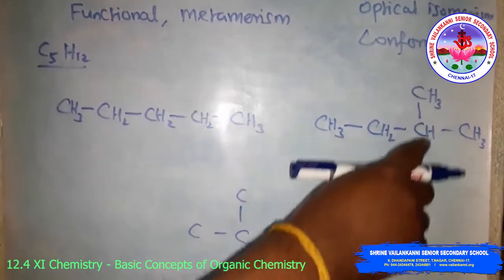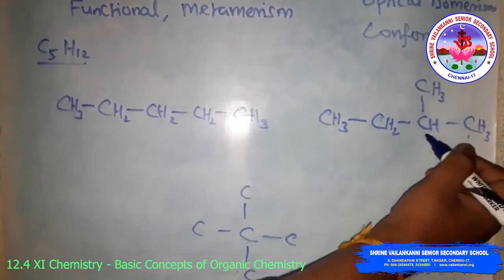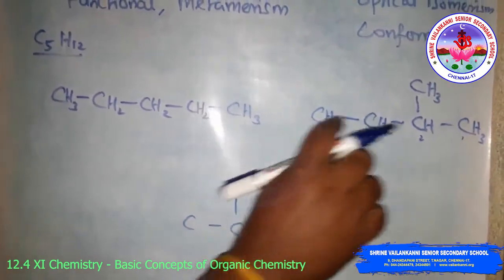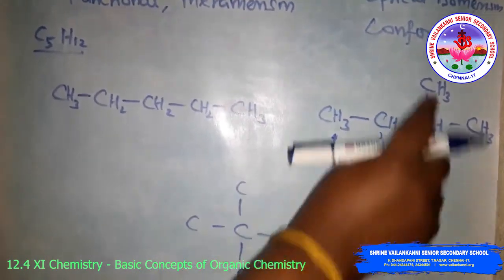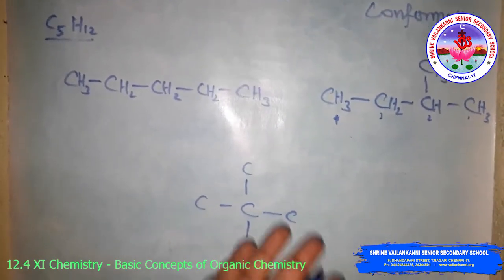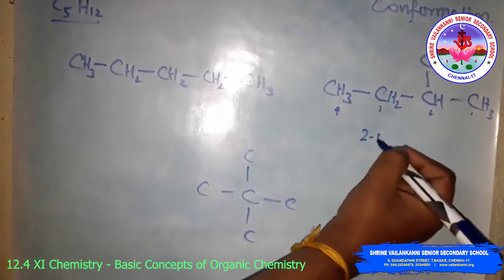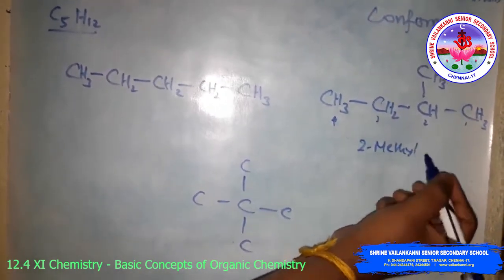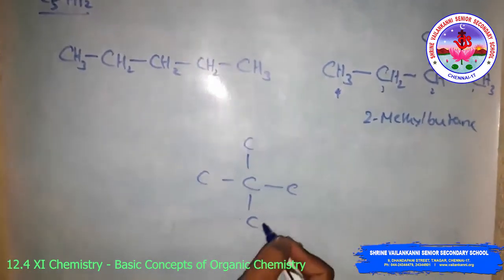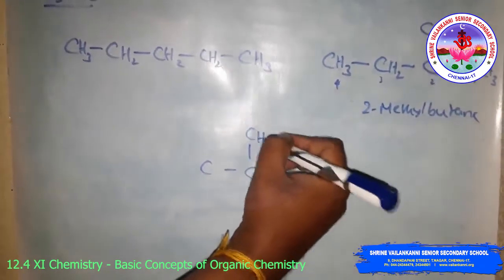Here the CH unit is connected. So isopentane, or you can write it as 2-methylbutane, because this is the parent chain and this is a substituent. So 2-methylbutane. Then look at this third one, all three having hydrogens, that means all 4.